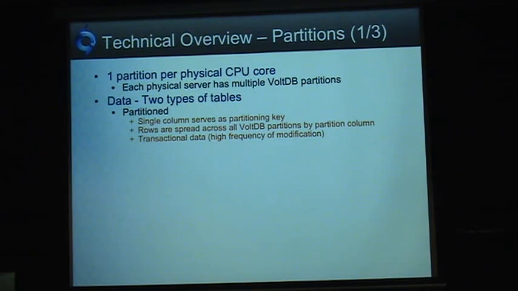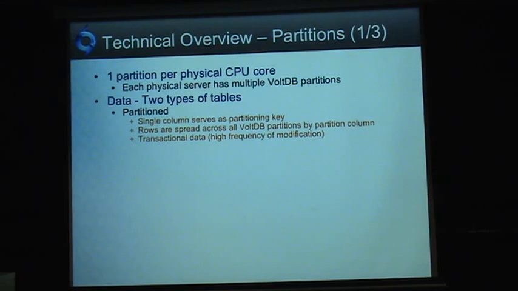The first type of table is partitioned. A partitioned table is a table where you take the rows, just like you sharded a table, and based on a hash algorithm, we put a certain number of rows within each partition as they come into the system. The way we do that is you pick a single column in the partitioned table that serves as your partitioning key.